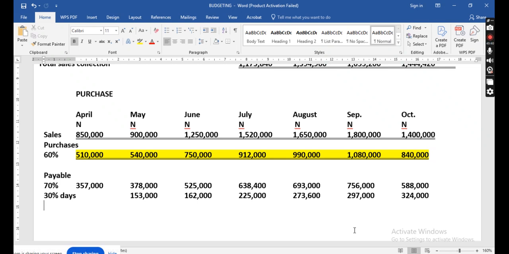So 2% discount on the... Sir, should we not get the total first?